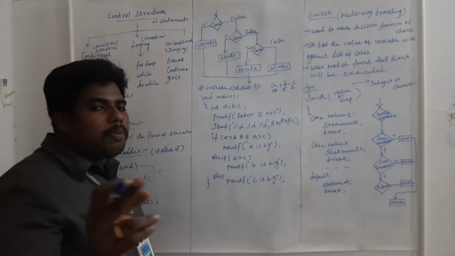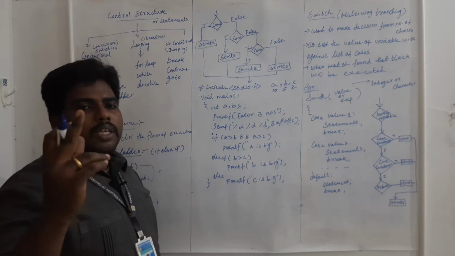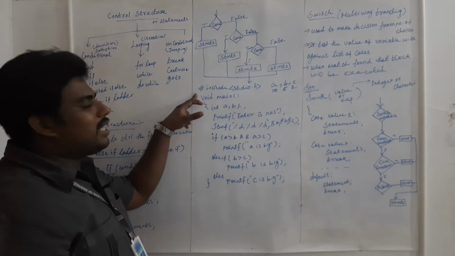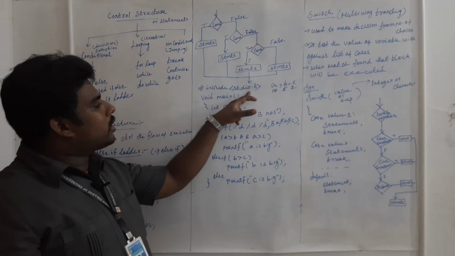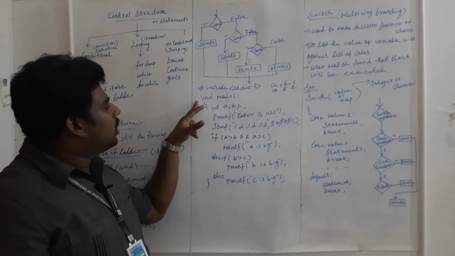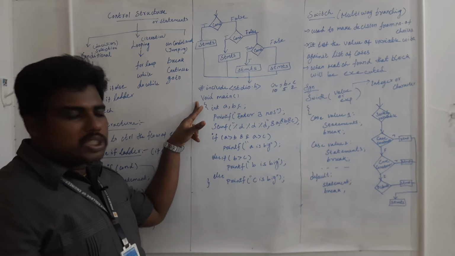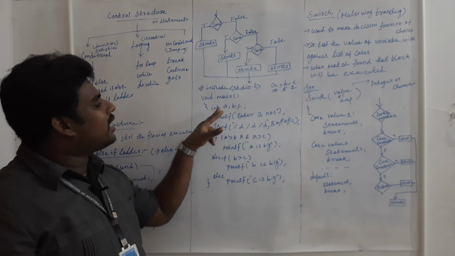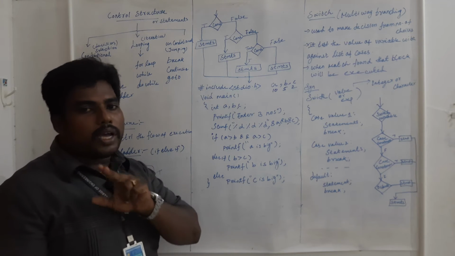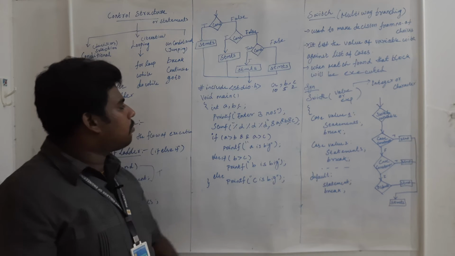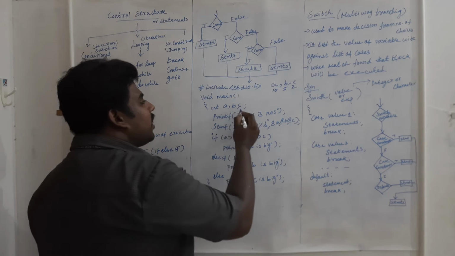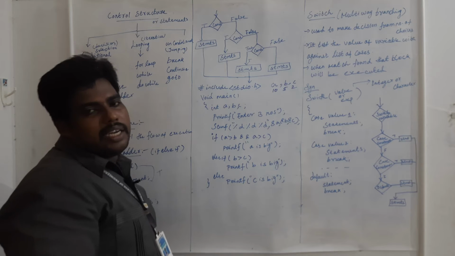First write the header file to include the standard input output functions. Then void main is the starting position of your program. Here I declared three variables, all of type integer.